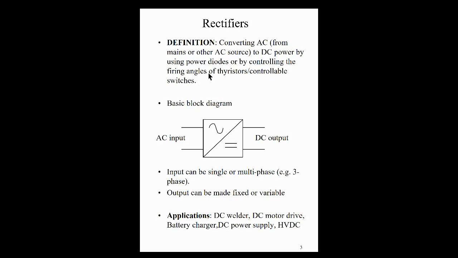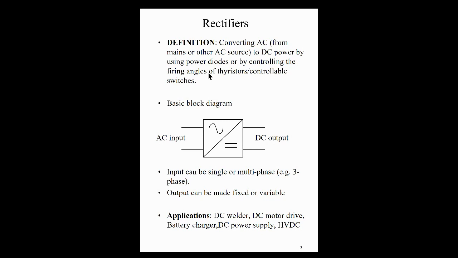Things like thyristors that will enable the output voltage to vary as we change the firing angle. So thyristors like TRIAC, your SCR, any of those devices, we can change the average output voltage by varying the firing angle.